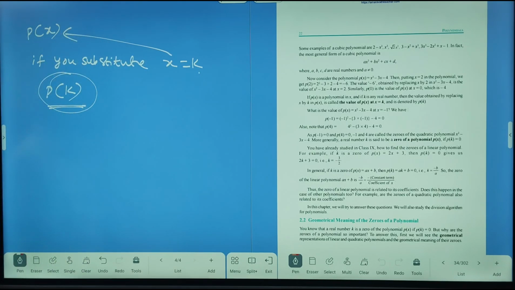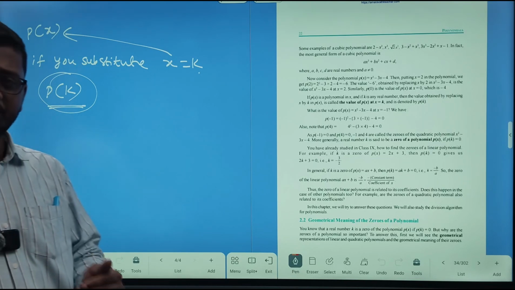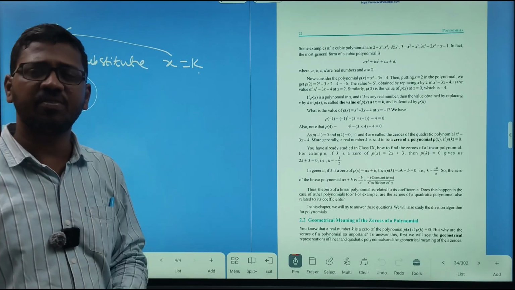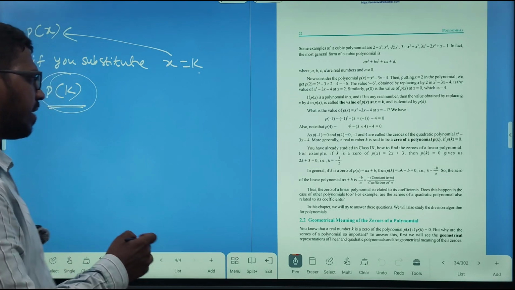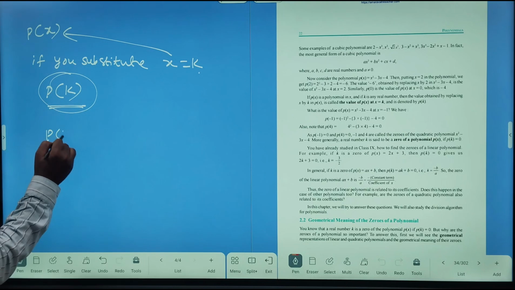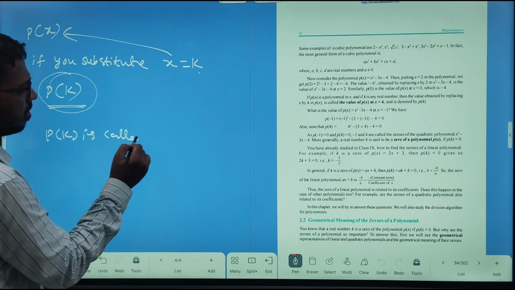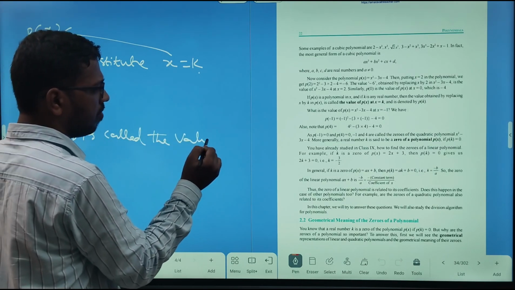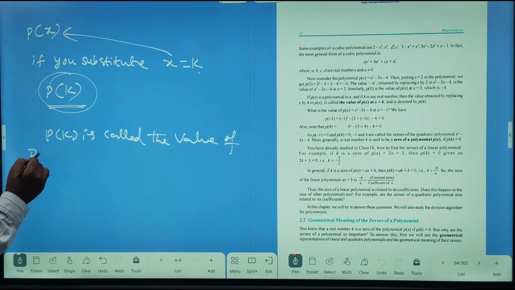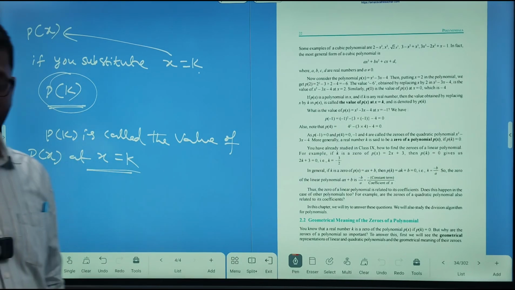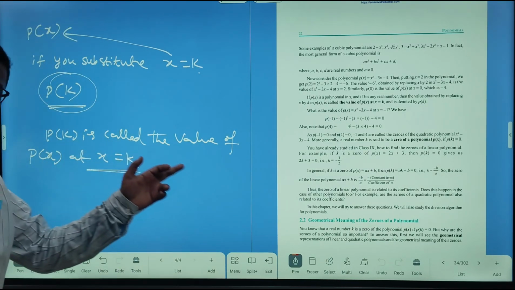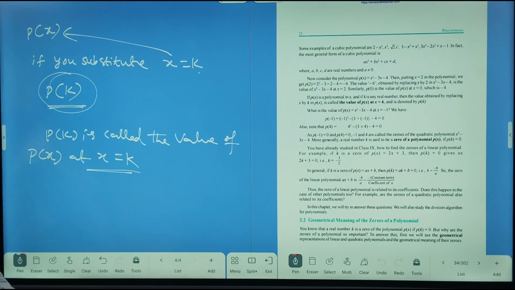If you substitute x is equal to k in the polynomial p of x, then it will become p of k. How is p of k obtained? By substituting x is equal to k, by replacing x with k in the polynomial p of x. P of k is called the value of the polynomial p of x at x equal to k.